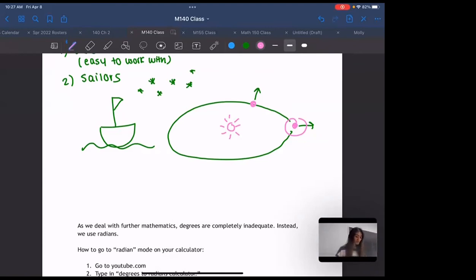So the thing about 360 and degrees is, there's really nothing mathematical about 360 or any degree that makes it better to use than any other number system, right? It's not really the best way to do things. It's just what we've been doing for a really long time, okay?